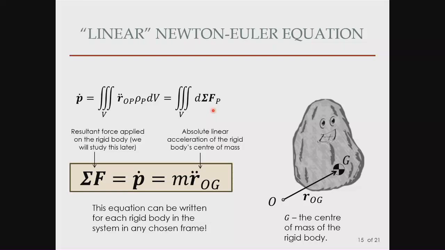You sum them in the same way you summed forces in any mechanics subject. It's just that now it's not 0, it's p dot. So this is the linear, can you see? Yeah, this is the linear Newton-Euler equation. All right?